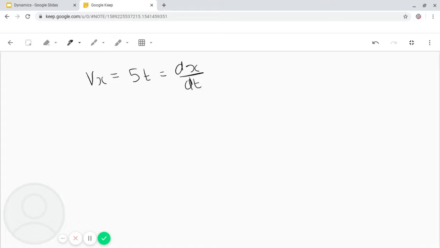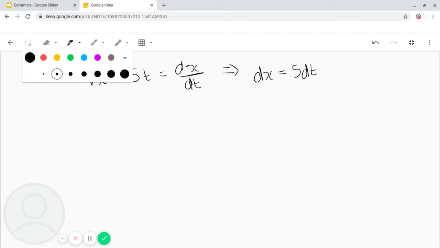Therefore, dx equals 5 dt, and that's just rearranging that formula. Then we want to take the integral of both sides.